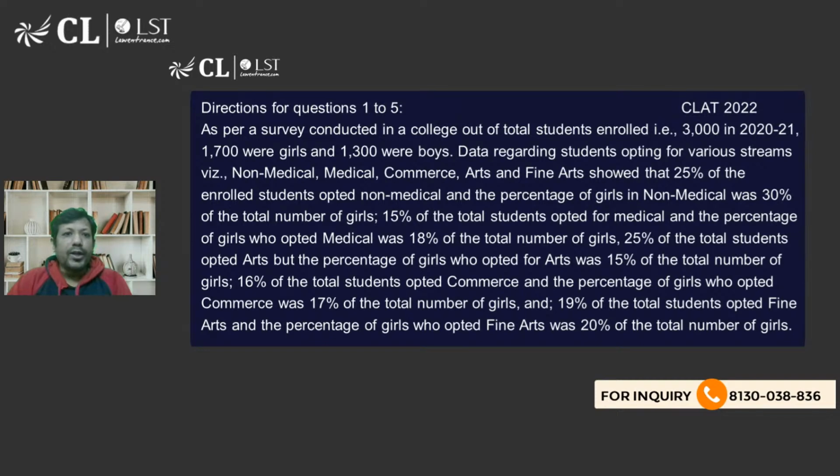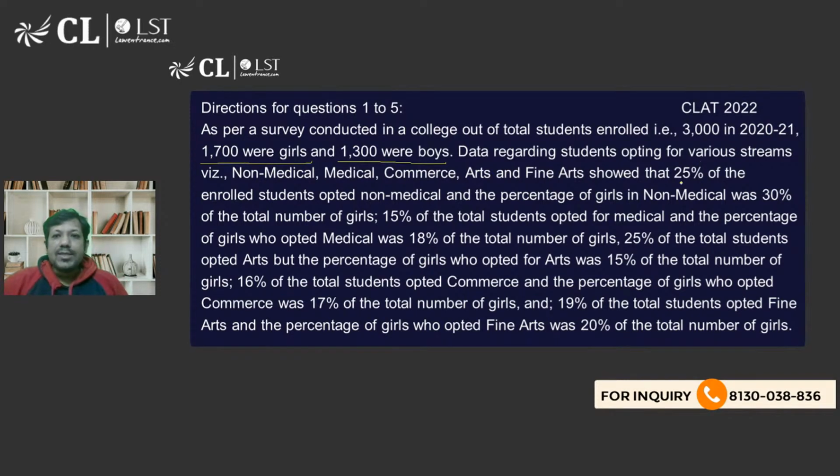So a total of 1,700 girls were there and 1,300 boys were there. So we have important values: girls 1,700, boys 1,300.